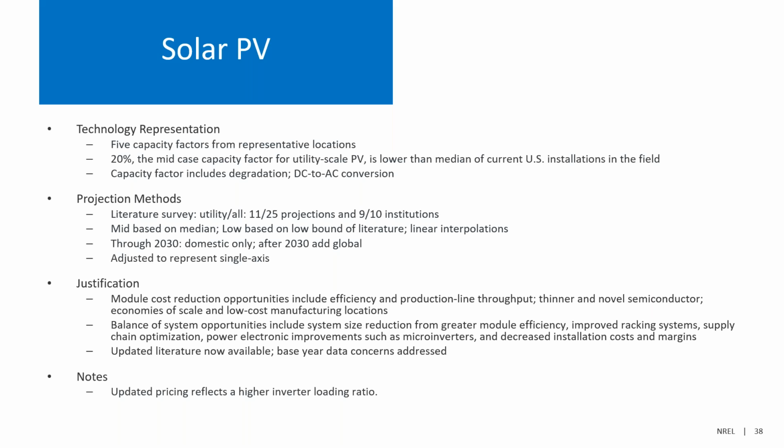But by 2030 we feel things like the ITC will no longer be relevant, which will increase reported prices. We also adjust all of these projections for single axis, because that's what we're representing, at least for the utility scale.